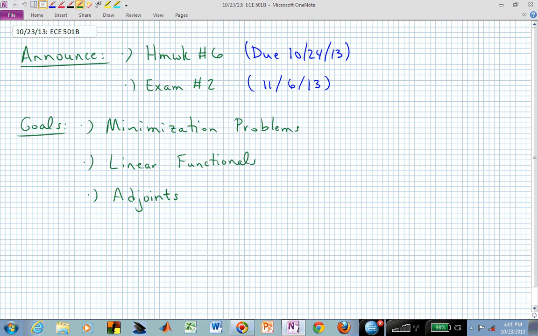These 3 topics pretty much finish up chapter 6, but we'll see if we can get to those in today's class. We have minimization problems, defining linear functionals. We've already worked with those really in an inner product, but linear functionals are a generalization of that, but really it allows us the opportunity to represent any linear function as an inner product, essentially.